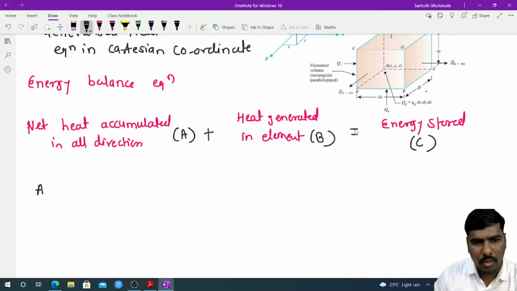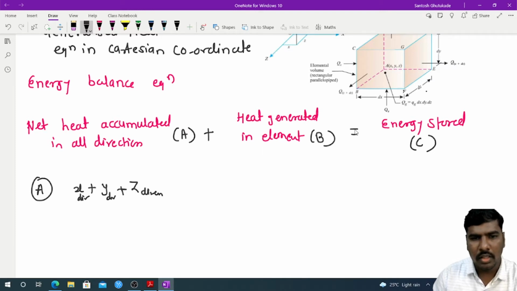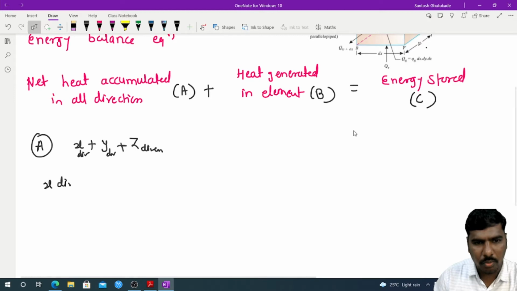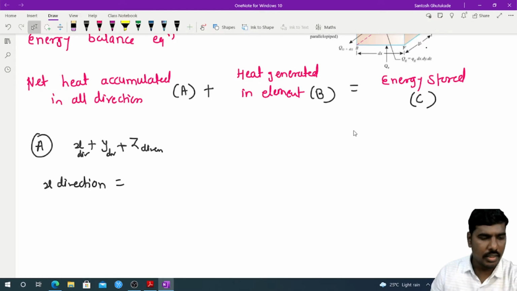First we are going to solve part A. Net heat accumulated is the heat accumulated in the x direction, the y direction, and the z direction. Let's start with the heat accumulated in the x direction, then the y direction, and then the z direction.